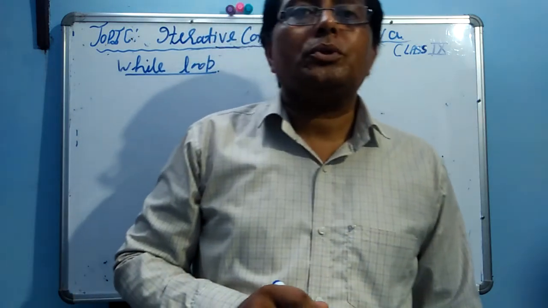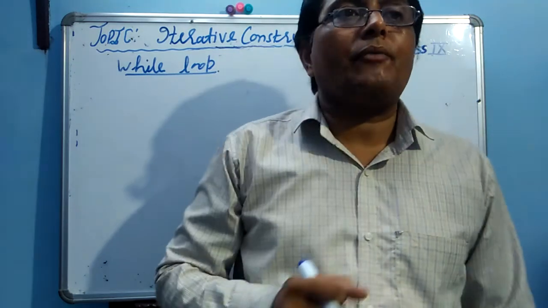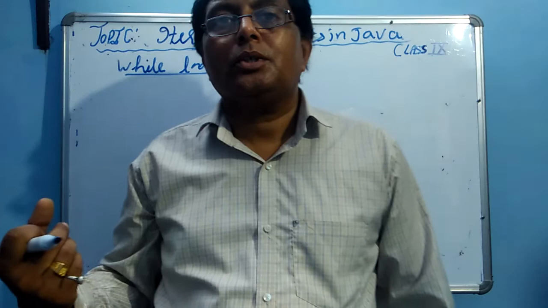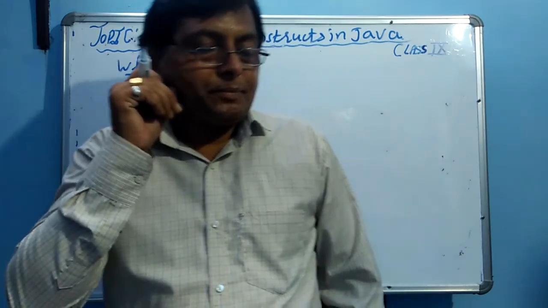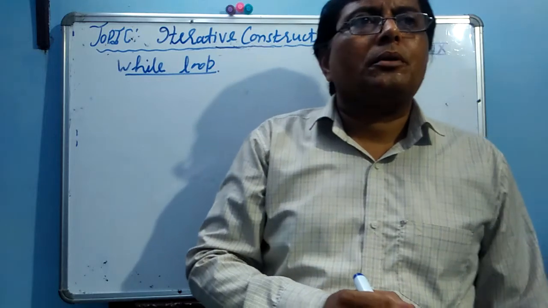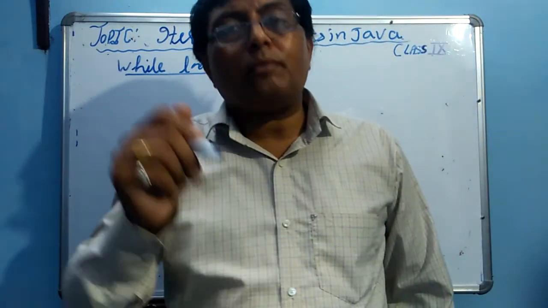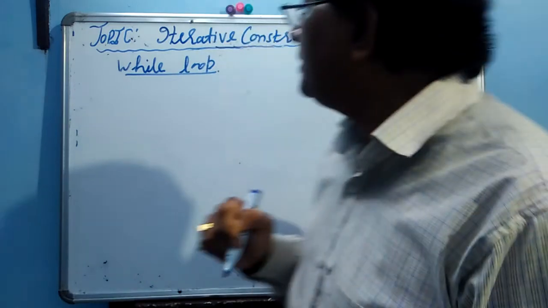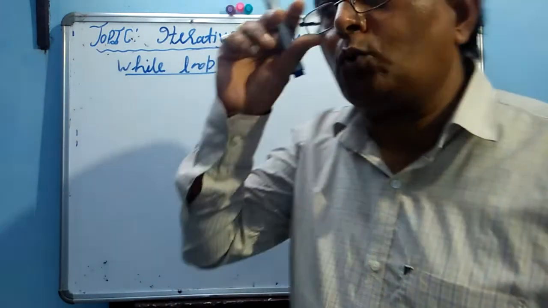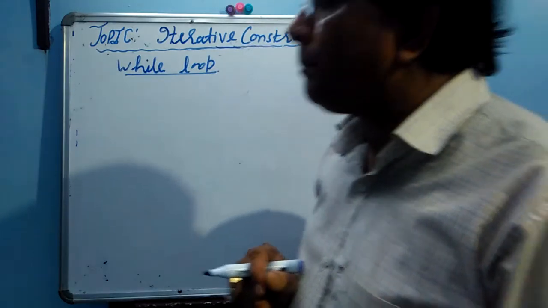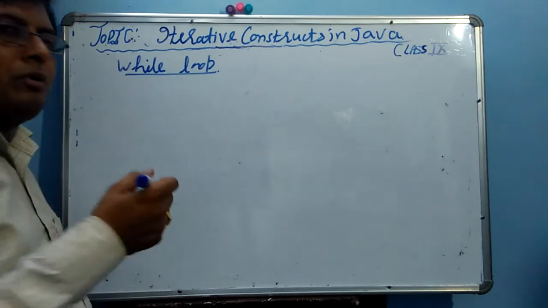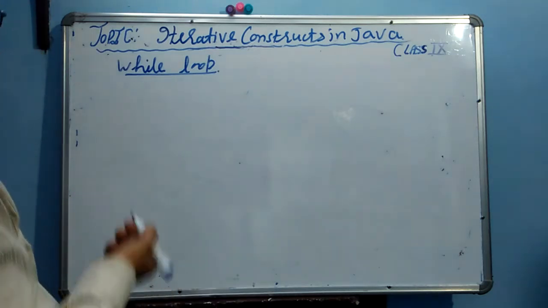Okay. Now, by giving one example, I will try to explain. For example, you can write down the question also. We have to calculate the value of P by using the while loop. How will you calculate the value of P? We are writing a program here.